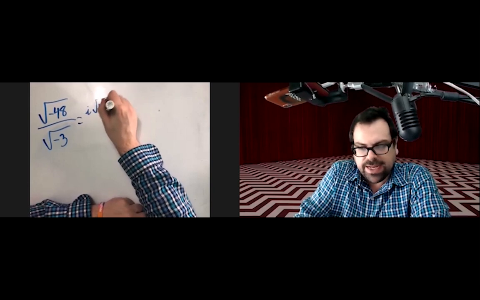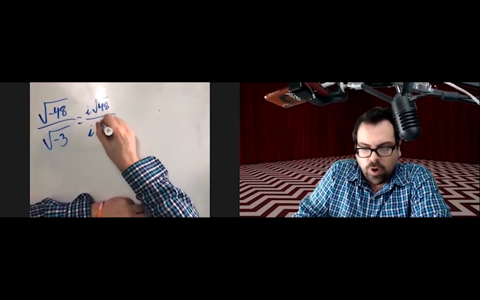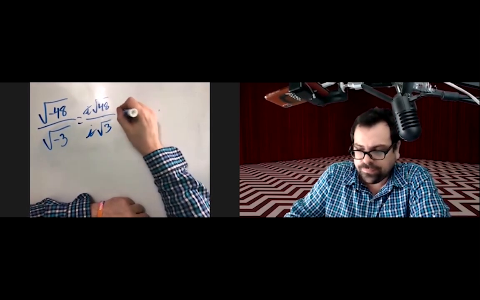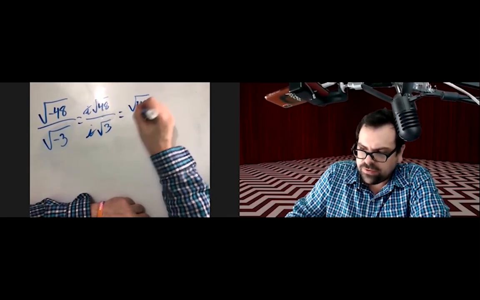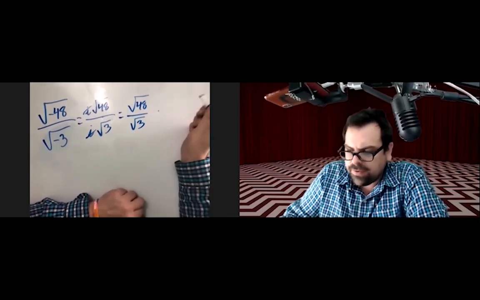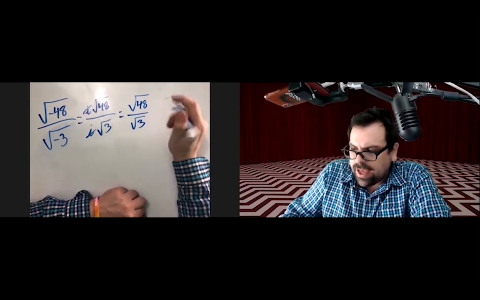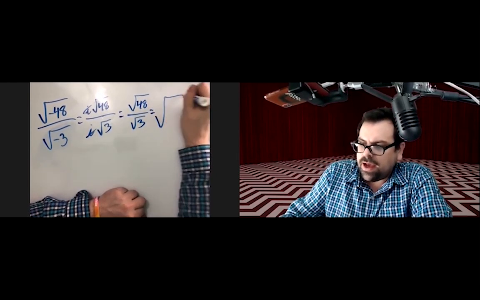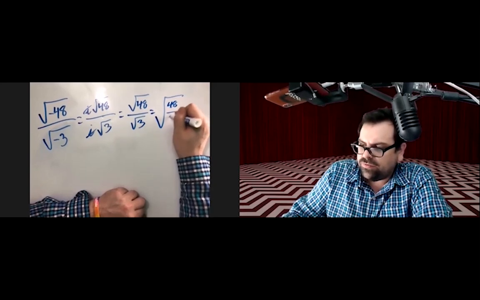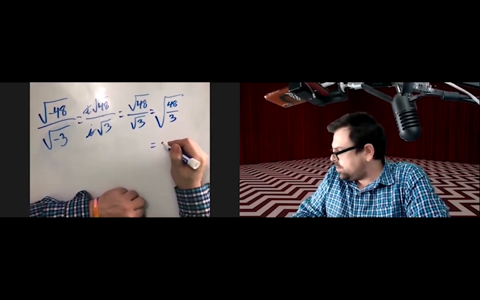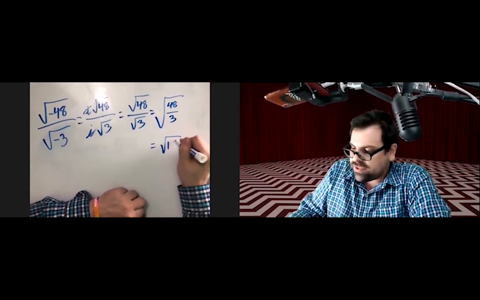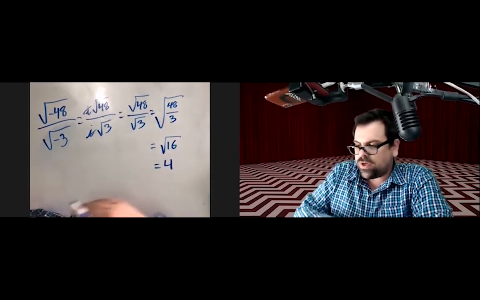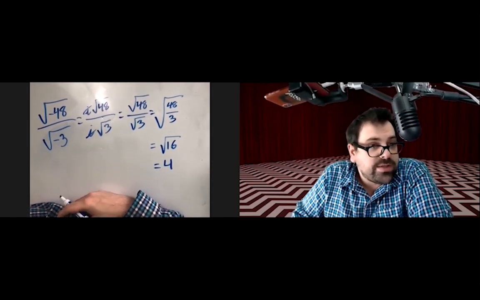I radical 48 over I radical 3, which is radical 48 over radical 3. And I would make this radical 48 over 3, which is radical 16, which is 4. That's one way to do this.